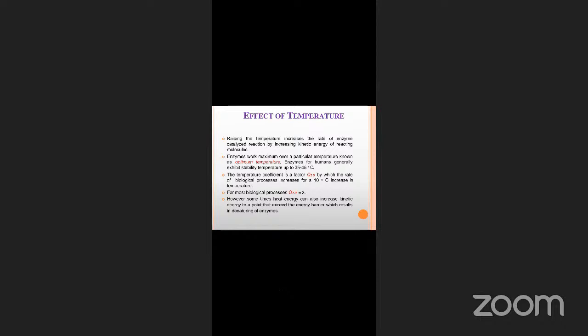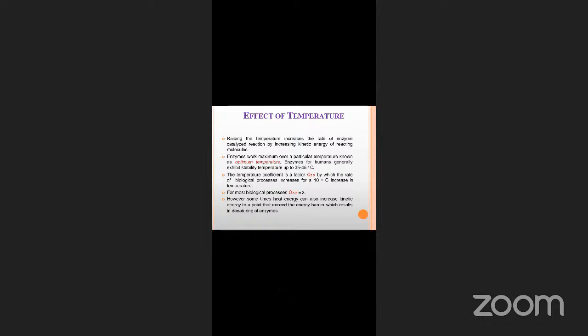In human beings, enzymes are very stable at 35 to 45 degrees centigrade, and the temperature coefficient is given as the Q10 factor. That means for every 10 degrees rise in temperature, the reaction rate doubles.